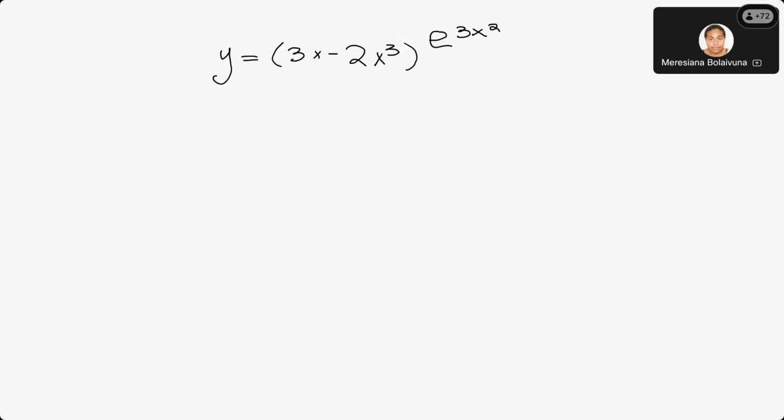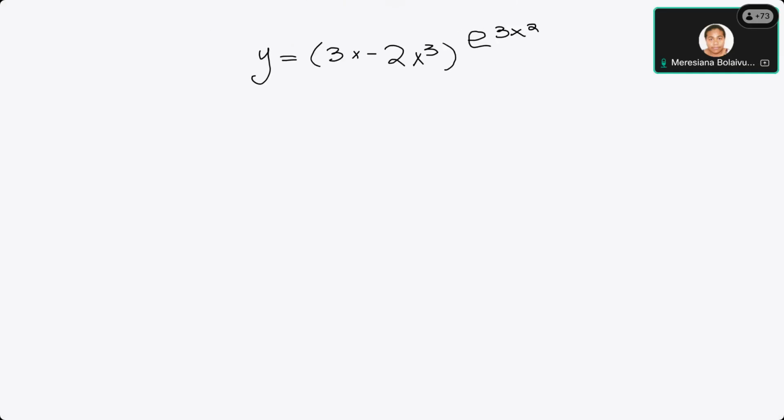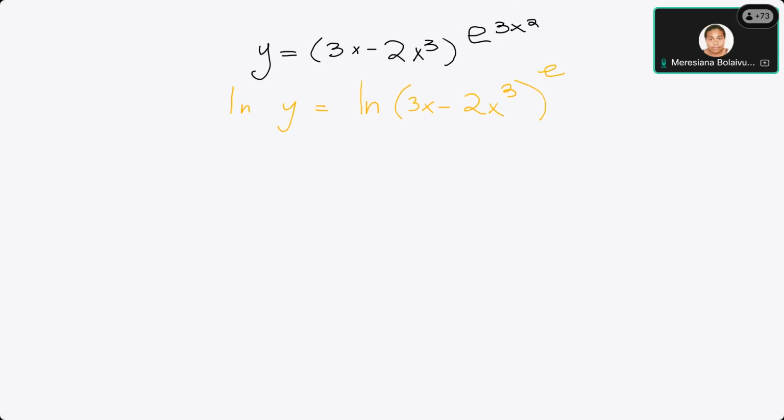With logarithmic differentiation, the first step is to take the ln on both sides. So ln y is equal to the ln of 3x minus 2x cubed to the power of e to the 3x squared. Next, apply the rule to the right-hand side.